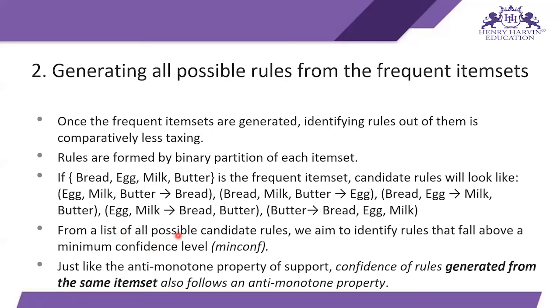From a list of all possible candidate rules, we aim to identify rules that fall above a minimum confidence level, minimum conf. Just like the anti-monotone property of support, confidence of rules generated from the same item set also follows an anti-monotone property.